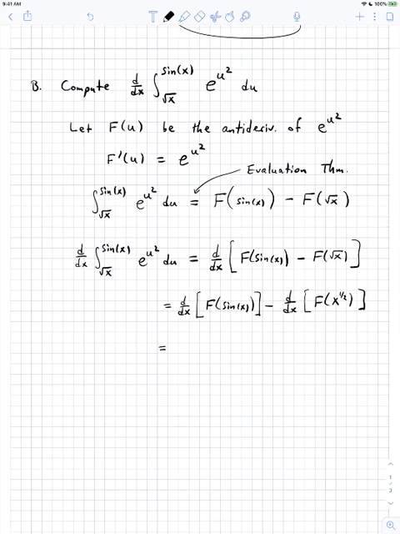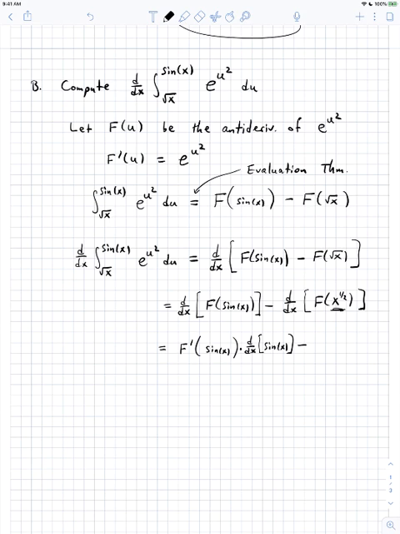So let's look at the first one. It's F of something. So the derivative of F of something is going to be F prime of that same thing, but then I have to multiply by the derivative with respect to x of that inside function. That's the first one. Minus, and now it's the derivative of F of a thing.